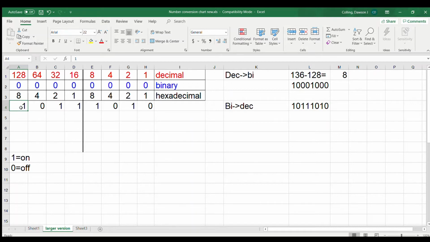So if it's an on value, then that means that we can use the number. But if it's a 0, we can't use it. So every single 1 value, we look up on the chart and look at the corresponding decimal number that's under it and add them together. So since 128, 32, 16, 8, and 2 are on, we would add all those together.